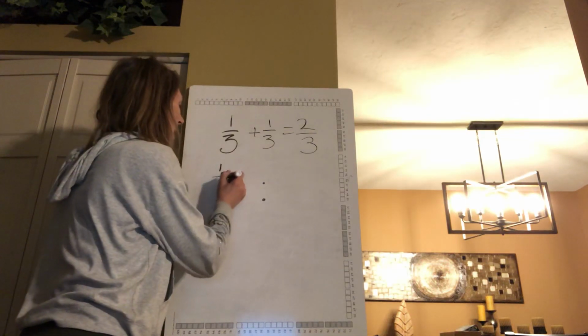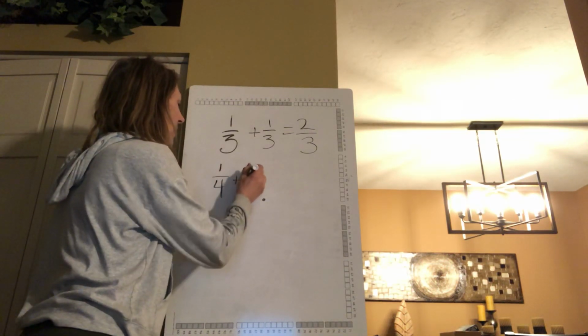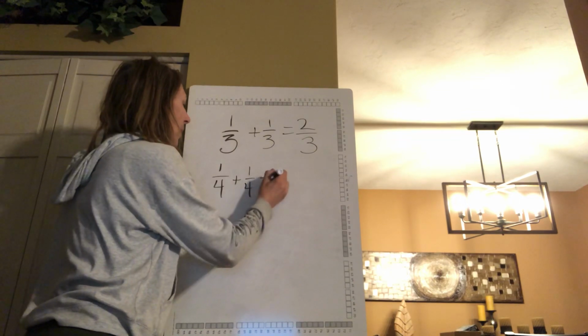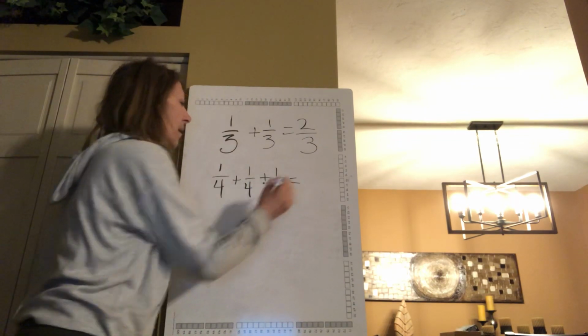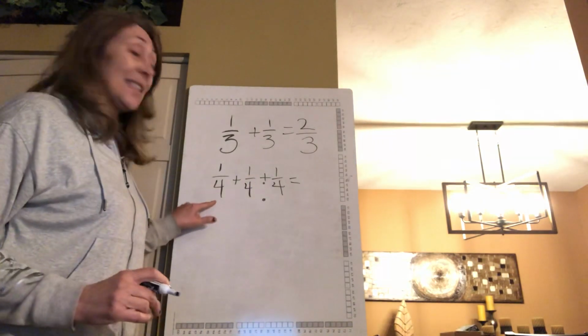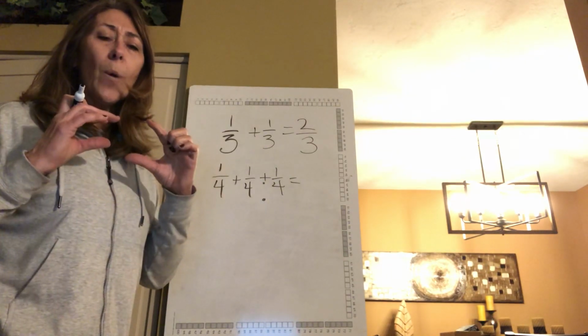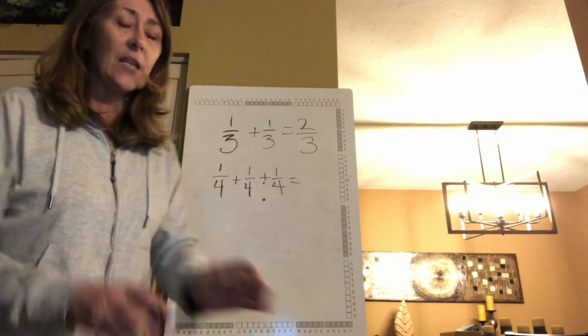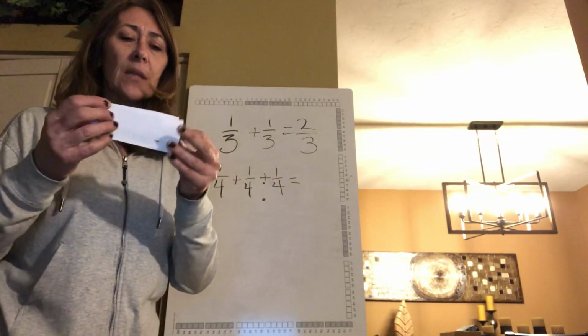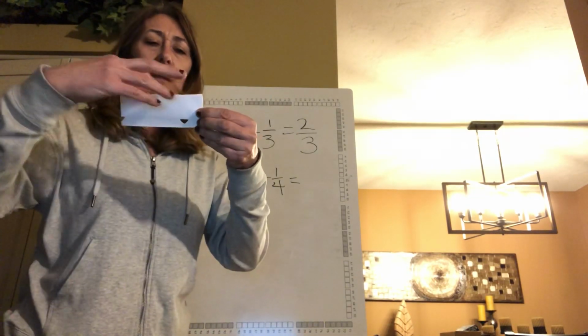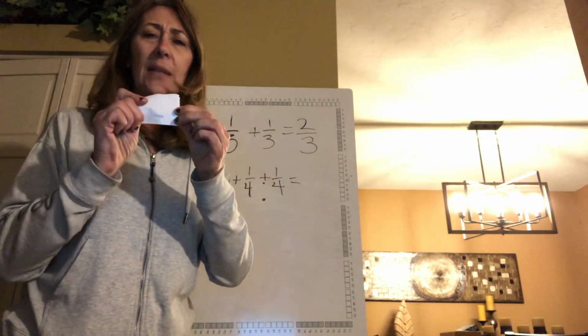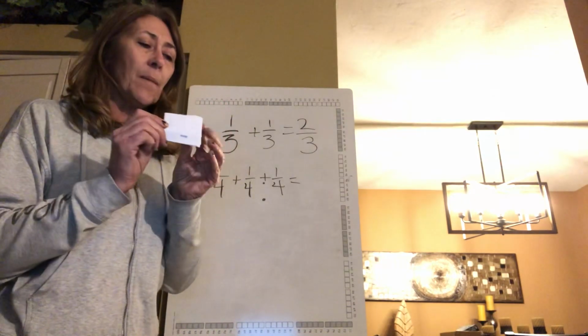We'll go to 1/4 plus 1/4 plus 1/4. That means my size pieces are fourths. My whole piece is cut into fourths. So 4 equal pieces. Here's my 4 equal pieces. What am I adding?